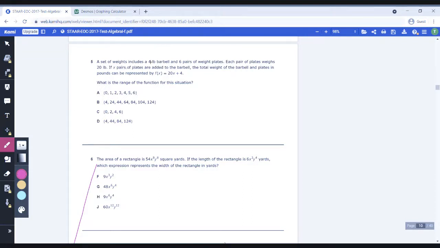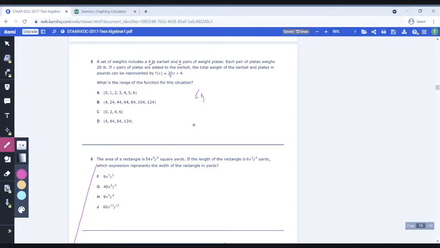The domain values can be anything from 0 on up, but in this situation, since it's weights, it won't be negative numbers. So we just plug in numbers. Let's say x is 1, so you just plug in 1.